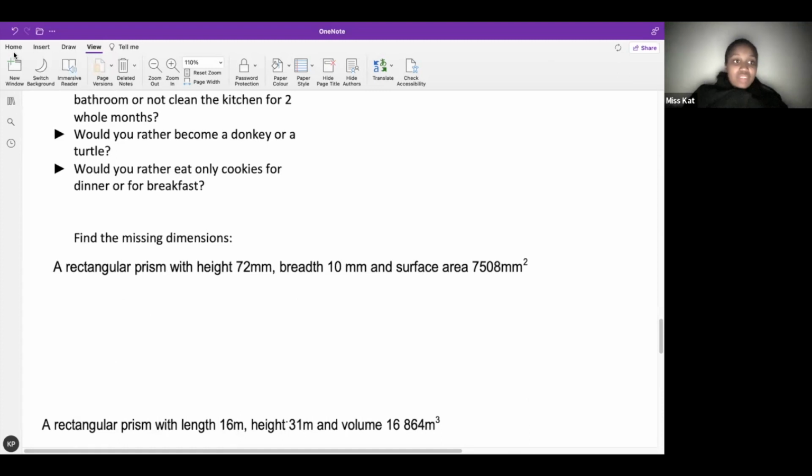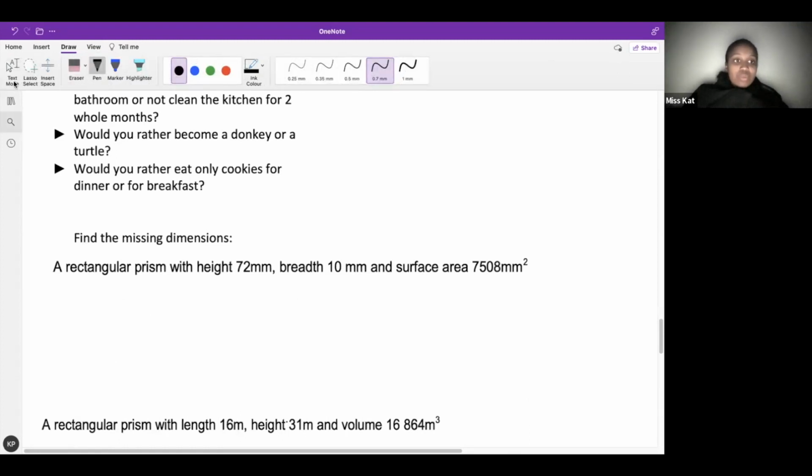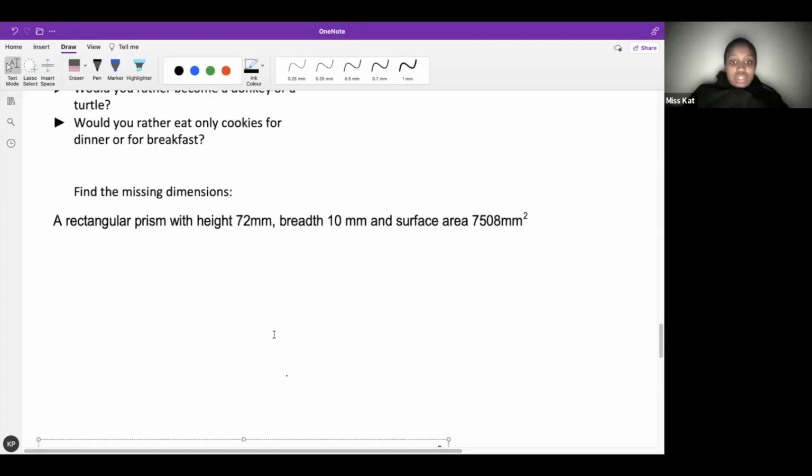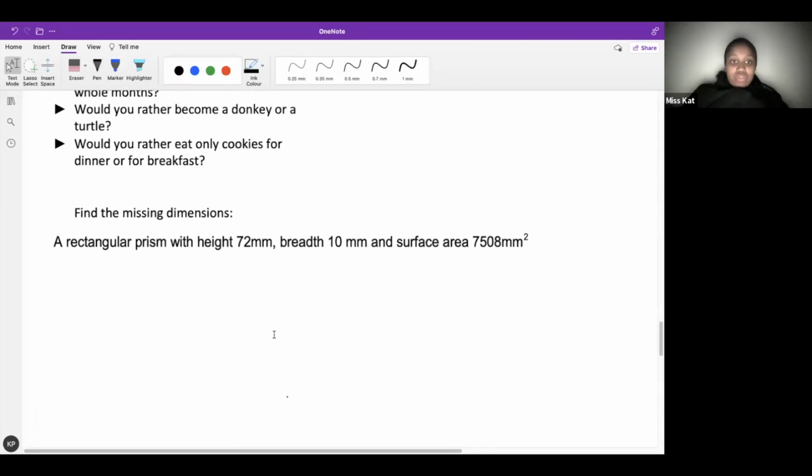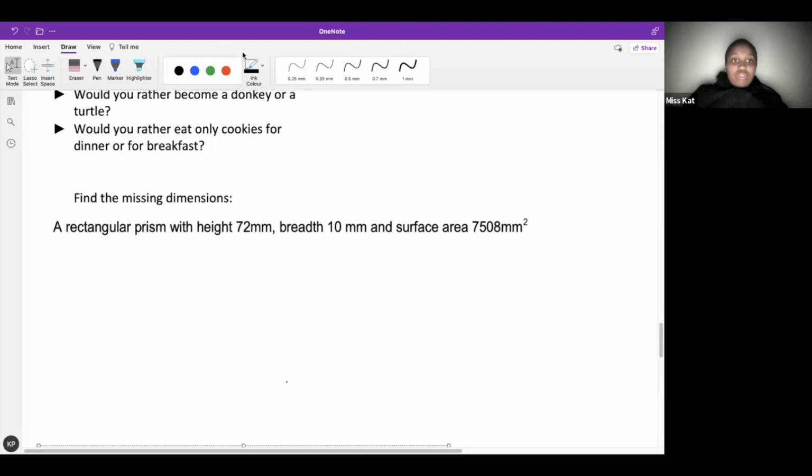We have here a rectangular prism with a height of that and a breadth of that and a surface area of that. And it says find the missing dimension. Which dimension is missing?